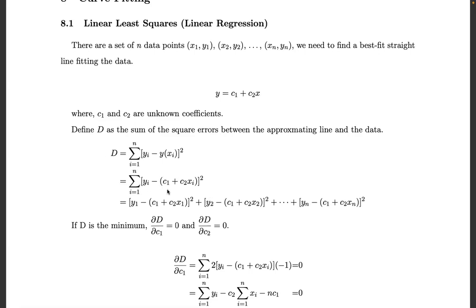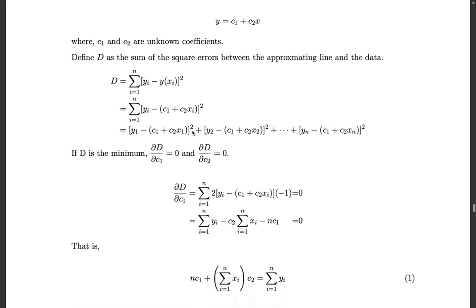In this formula, we take the partial derivative. If D is the minimum, then partial D over partial c1 equals 0, and partial D over partial c2 also equals 0. Then we just differentiate this formula.